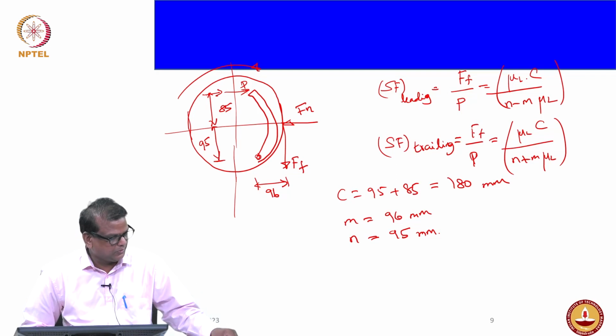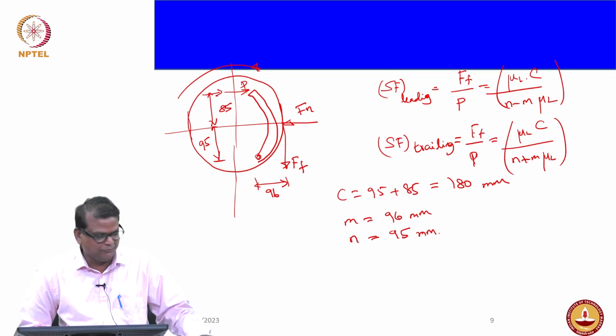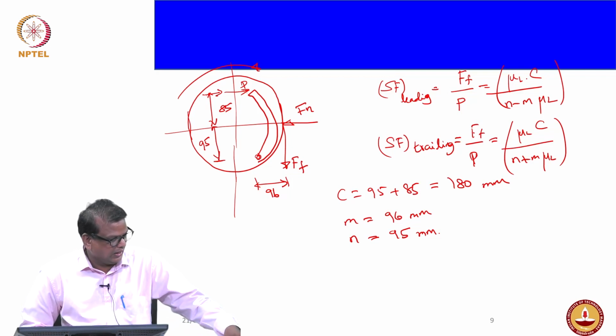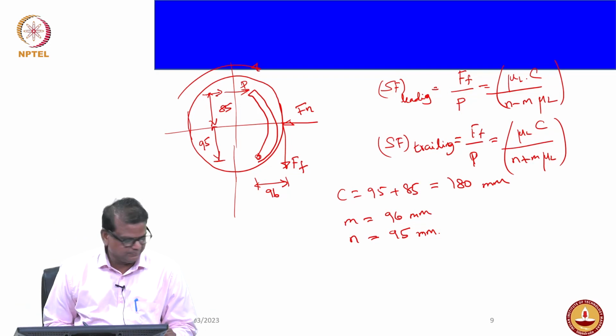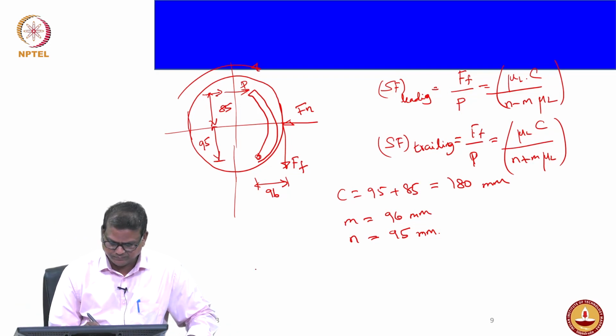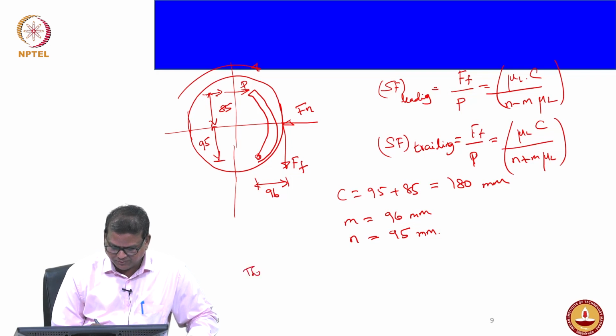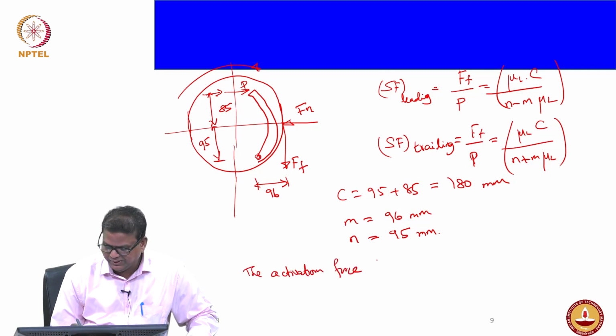The question now is, I need to find out the activation force, and also the torque developed by the drum brake. So how do I find out P?